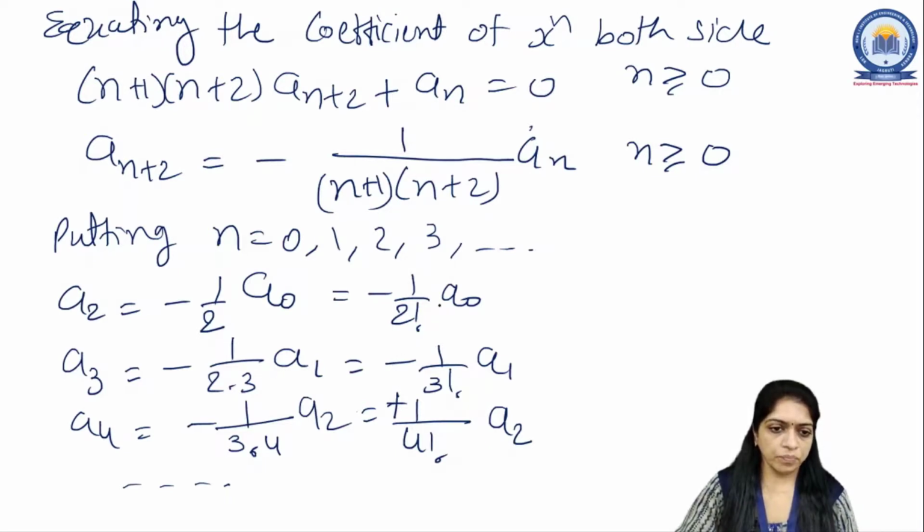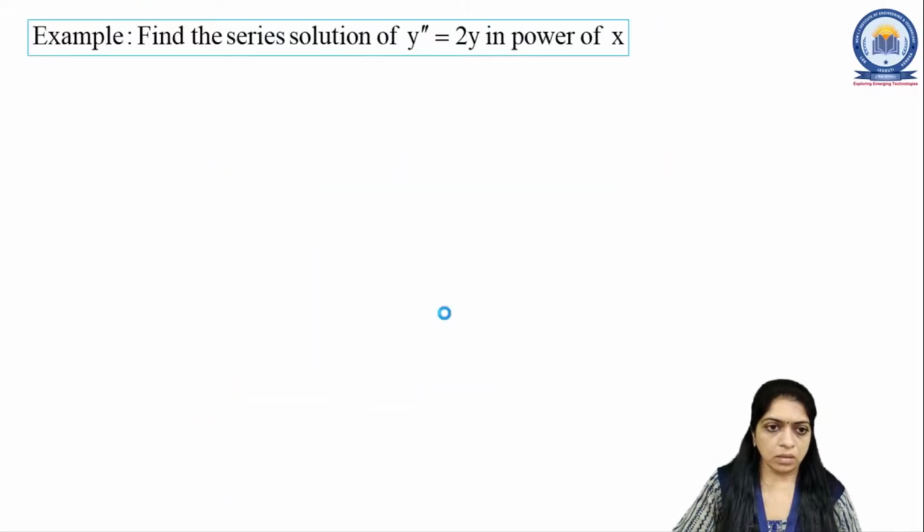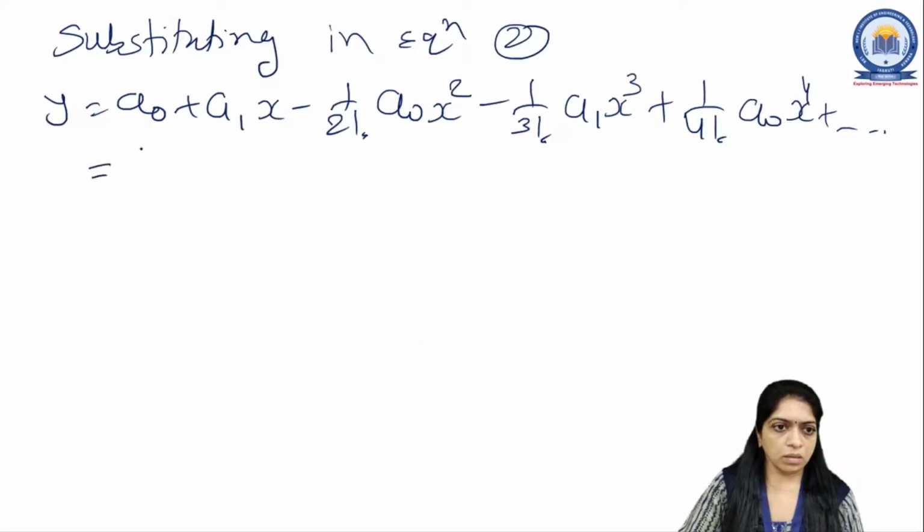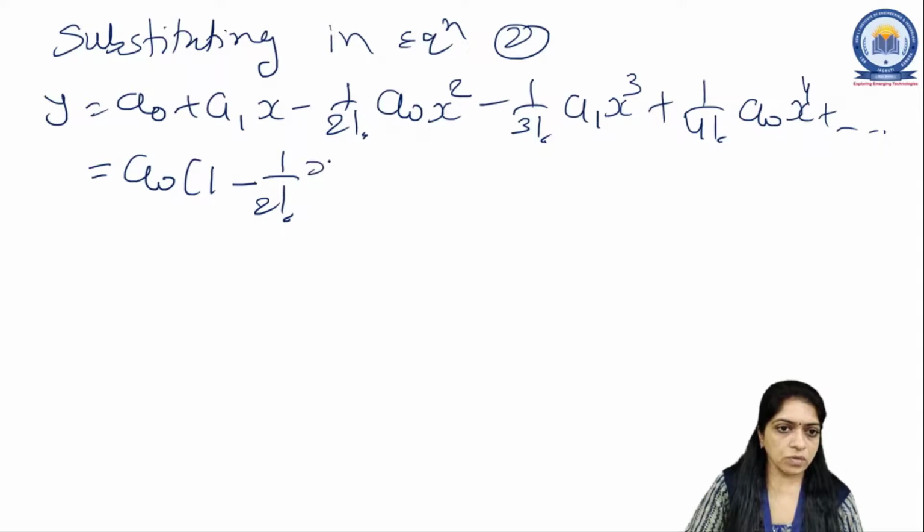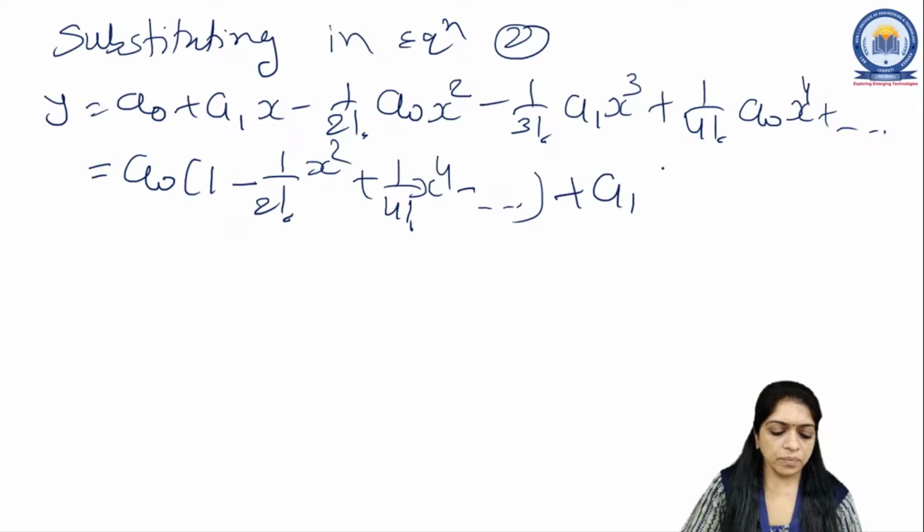So if I keep a0 common, I have 1 minus 1 upon 2 factorial into x square plus 1 upon 4 factorial into x raised to 4 up to so on, plus a1 x minus x cube upon 3 factorial plus x raised to 5 upon 5 factorial minus up to so on.